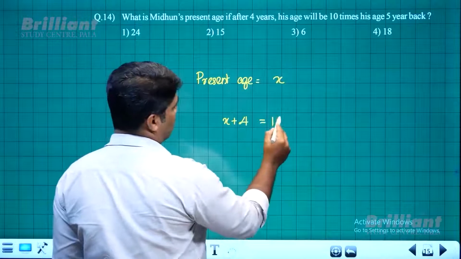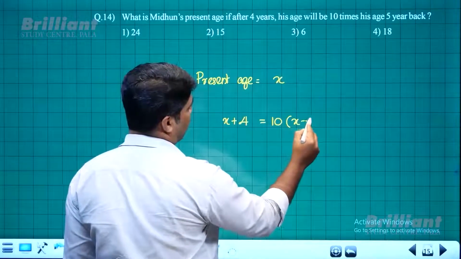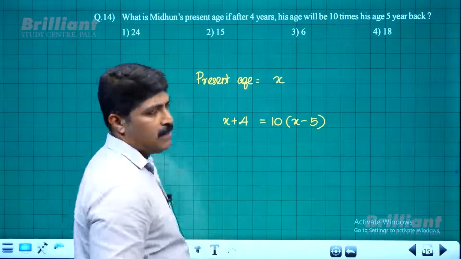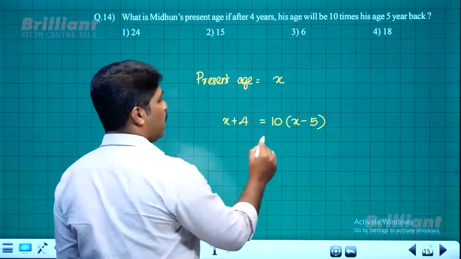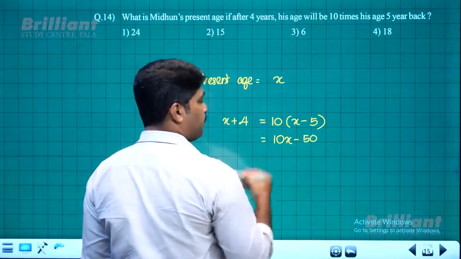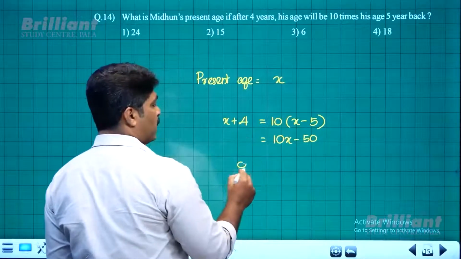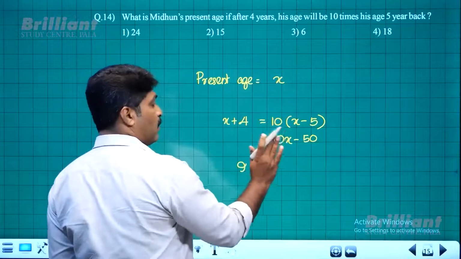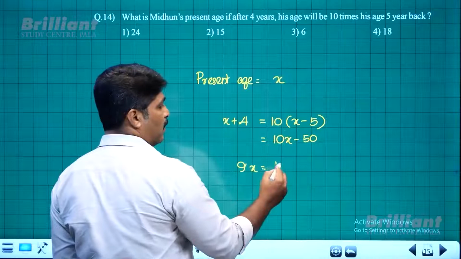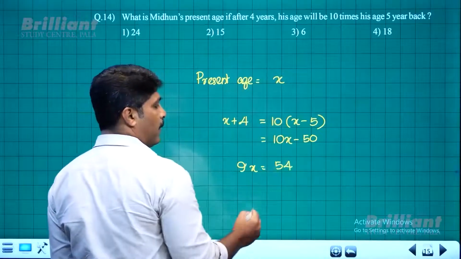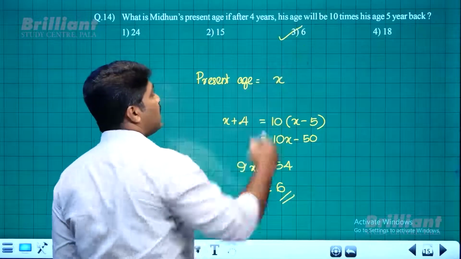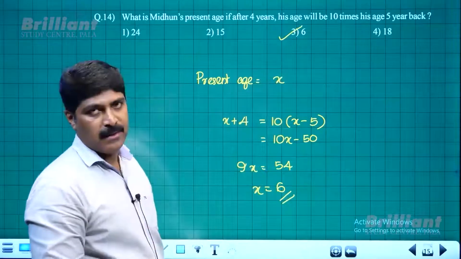That is 10 times his age 5 years ago. So we simply do it, then you can find out the value. So this is 10x minus 50. Take 10x on the right side, take this x towards the right side, that is 9x. So this is equal to 54. Then what is the value of x? x is equal to 6. The present age of Mithun is 6 years.